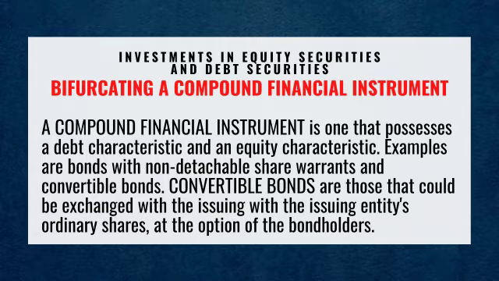A compound financial instrument is one that possesses a debt characteristic and an equity characteristic. Examples are bonds with non-detachable share warrants and convertible bonds. Convertible bonds are those that could be exchanged with the issuing entity's ordinary shares at the option of the bondholders.